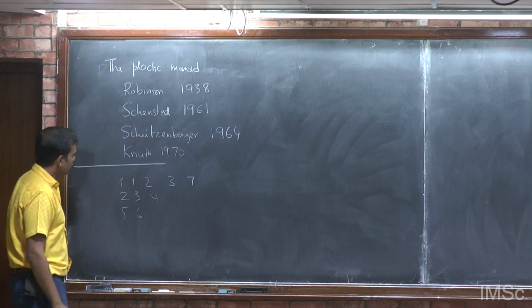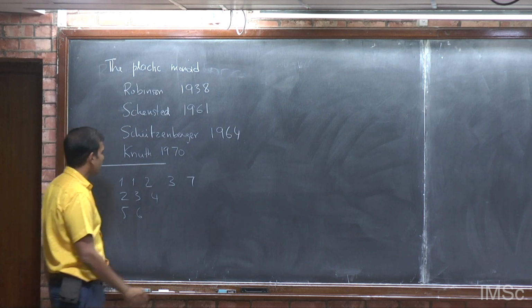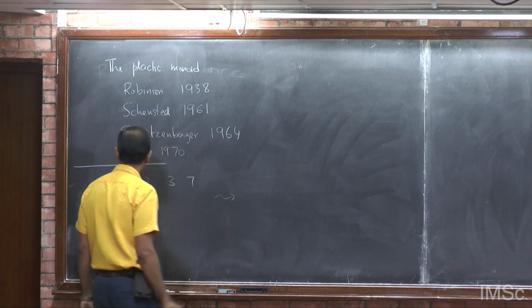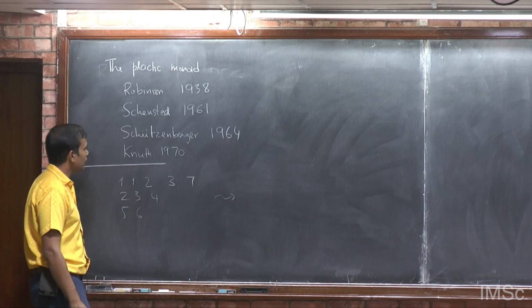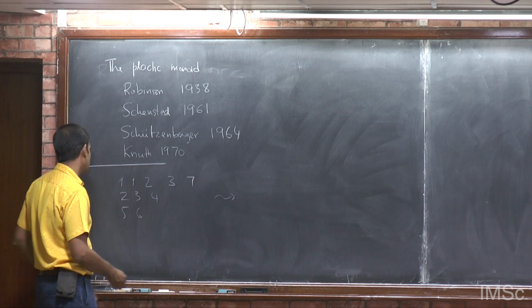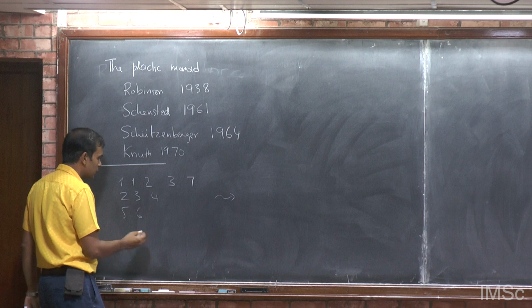So if you have a semi-standard Young tableau like this, you can associate to it a monomial. We will assume we are using numbers from 1 to n.